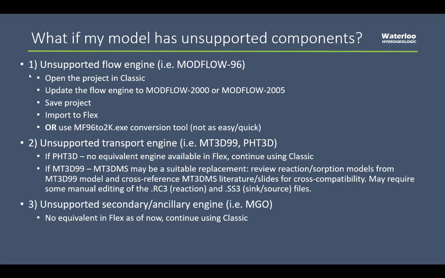Well, if it's an unsupported flow engine, then what you'll want to do is open the project in Visual MODFLOW Classic and simply update the flow engine to one of the newer flow engines that has superseded MODFLOW 96. So you could update the flow engine to MODFLOW 2000 or 2005. You would then retranslate your files and save the project.